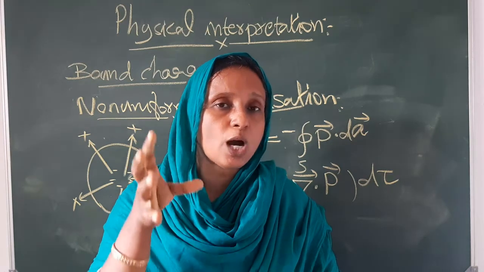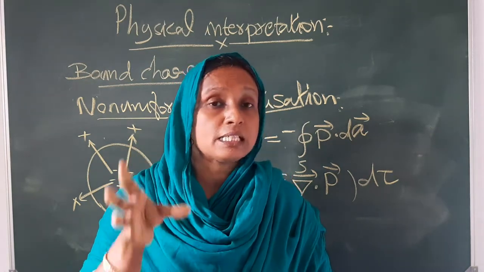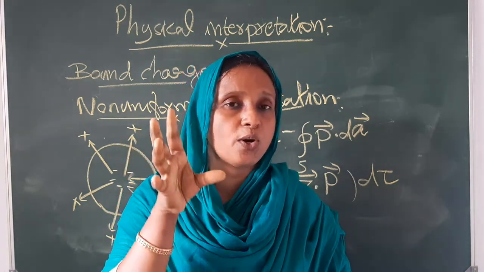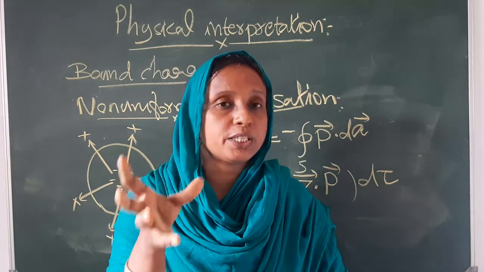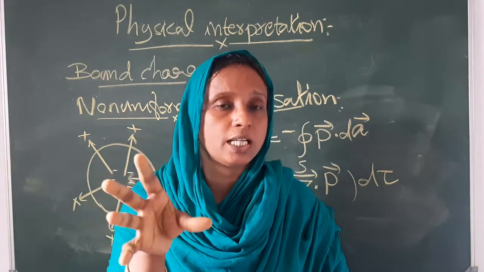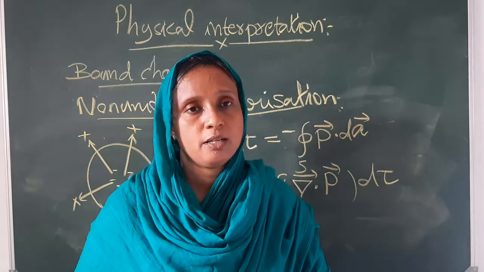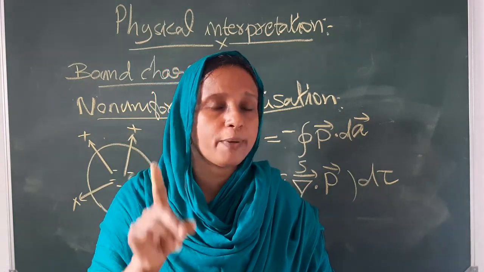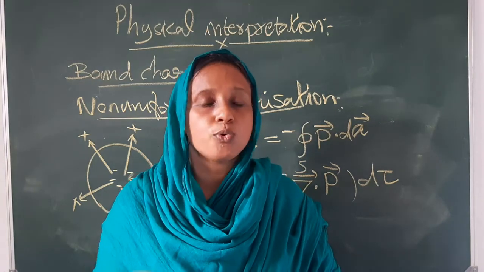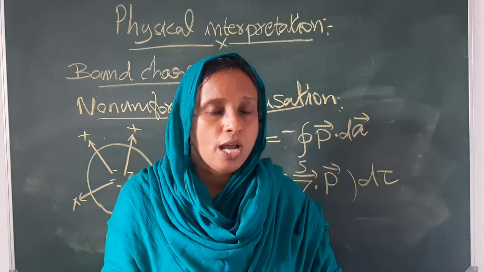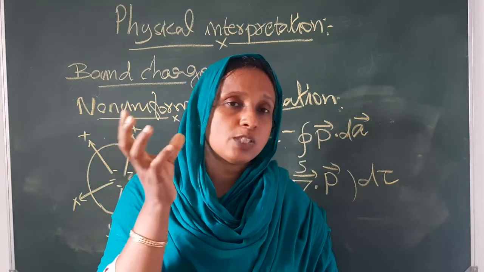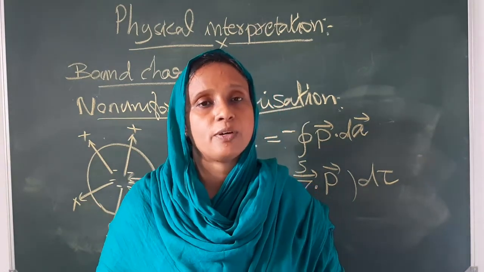The pushed-out charge is given by the surface integral of P dot dA. This charge is equal and opposite to the charge which resides inside, so we put a minus sign: minus surface integral of P dot dA. Now you can apply the Gauss divergence law and see that this volume charge density is given by minus del dot P.